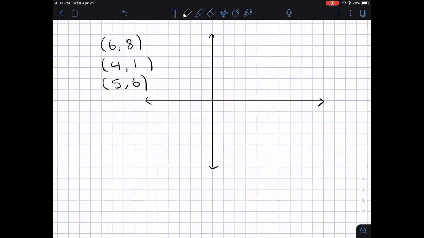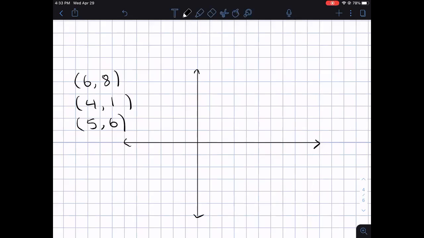So let's just first plot these to see what it looks like. This is 6, 8. This is 4, 1. And this is 5, 6. So just from plotting it, we can see that the area should be really small.